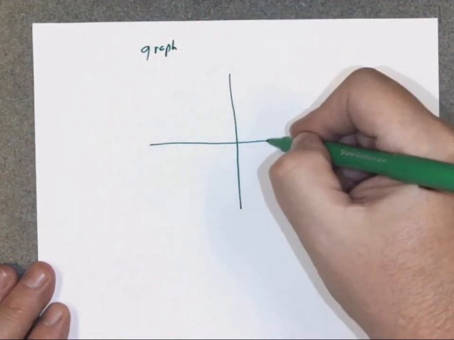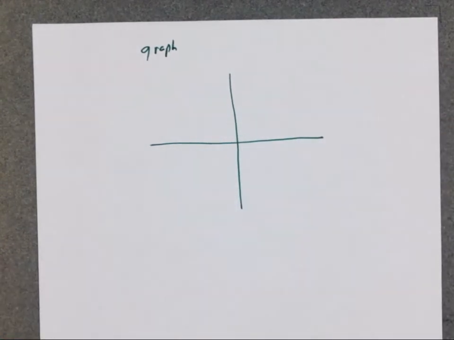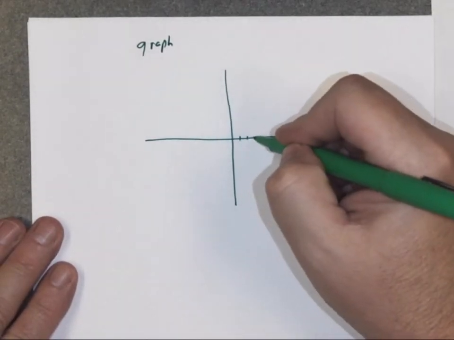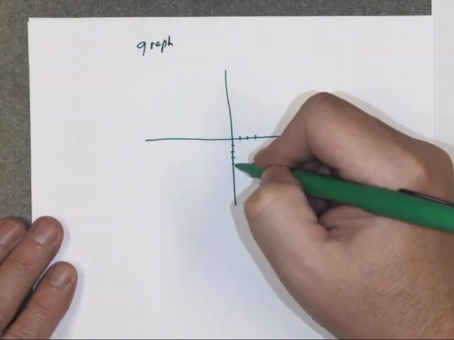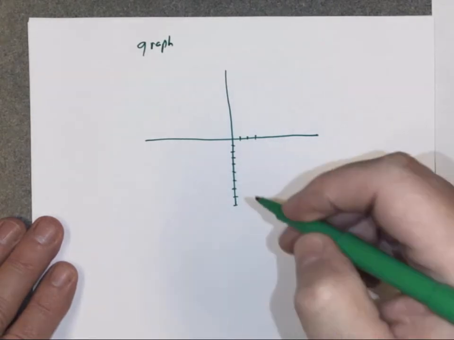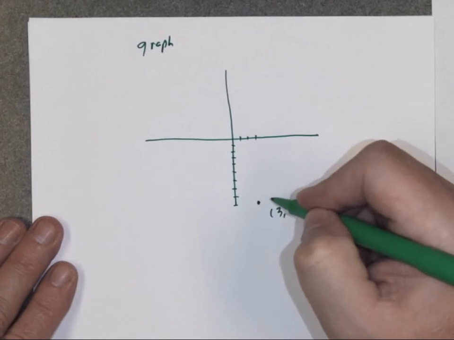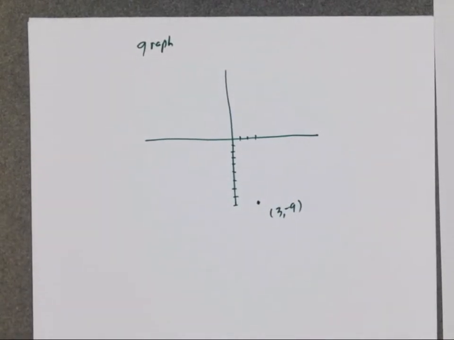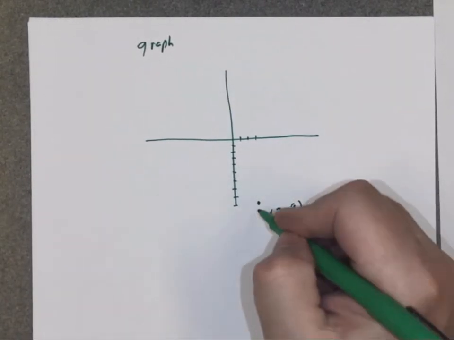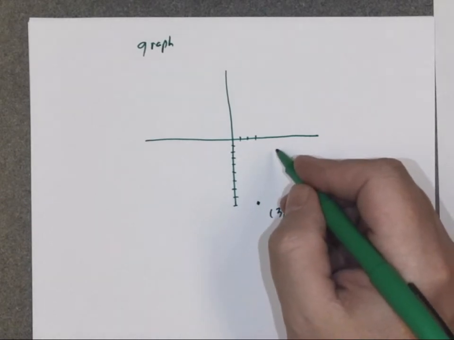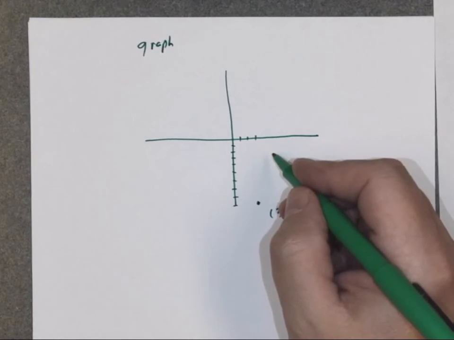First you hit your little parabola key, and then you click on the vertex. For our problem, the vertex, once again, is 3, -9. So right there is the vertex, 3, -9. On the computer, you click on the vertex, and then you choose one other point on your parabola. All you need is one point, and then it's smart enough to graph the parabola.